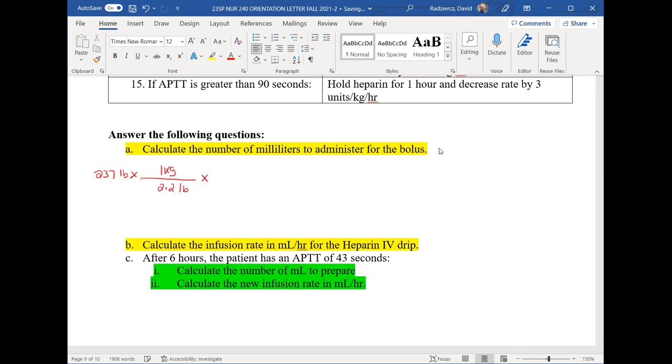Now, keeping it on one line, and I'll show you why we're doing this in just a moment. This is mainly based off of the question that was being asked. And then it tells me to begin, and my bolus is going to be 80 units per kilogram.